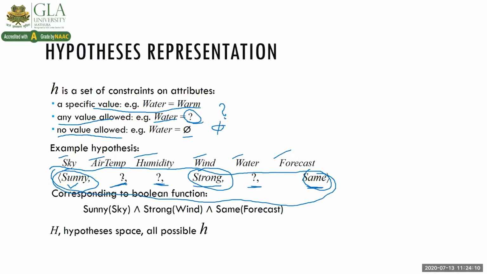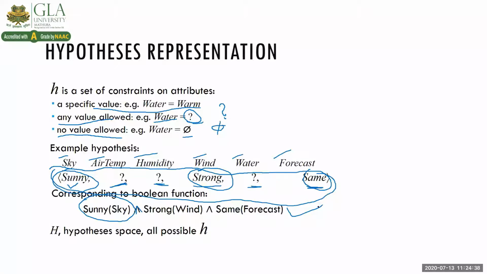Clear? So what it actually corresponds to is the function: sunny sky conjunction strong wind conjunction same forecast. So this hypothesis's corresponding boolean function is this. It's a boolean function.